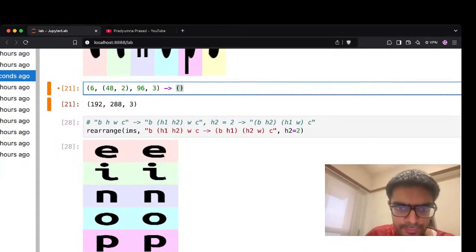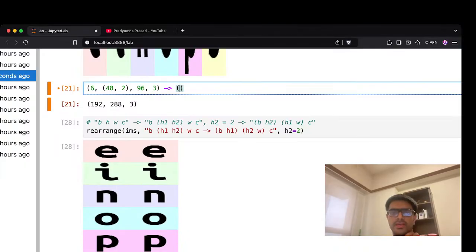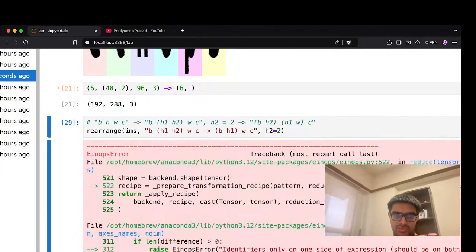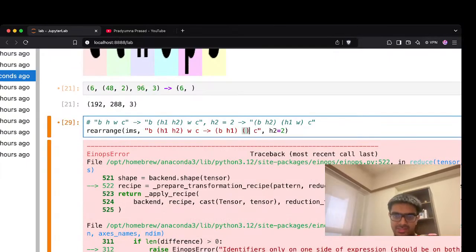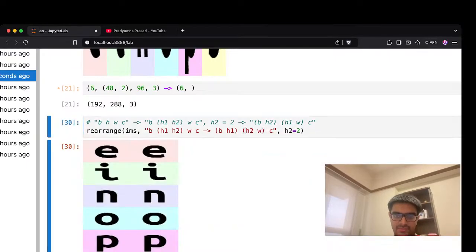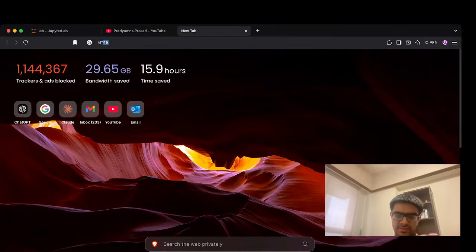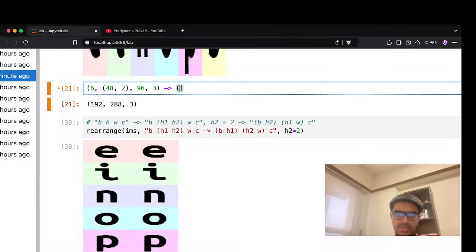I'm saying the new height should be B, which is 6 by, maybe just make it W, I don't know. No, it's going to give me a dimension there, I think, because you have to do that, right? Okay, 6 times 48, by the way. What is 6 times 48? Bad math, 288. Okay. H2, 2 by W.